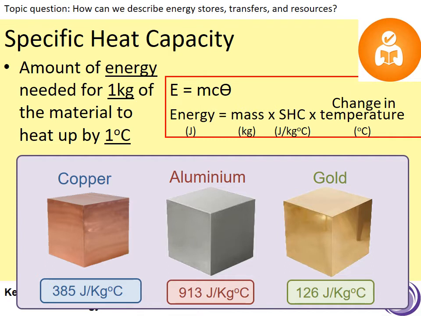Gold only needs 126 joules of energy for 1 kilogram of gold to heat up by 1 degree C. It can also be represented by the equation that's there. Your energy, linked to your thermal energy, is your mass times specific heat capacity times your change in temperature.